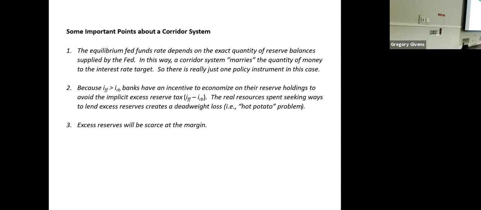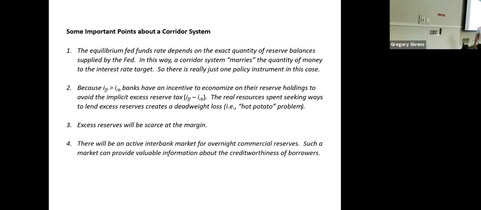Banks don't want to accumulate large quantities of excess reserve. In a floor system, excess reserves are going to be abundant at the margin. Very different scenario. So in this world, pre-financial crisis, banks don't want to hold a large quantity of excess reserves. They want to hold some to meet their temporary liquidity needs, but they don't want to hold a lot.